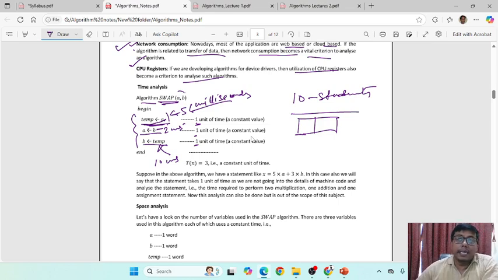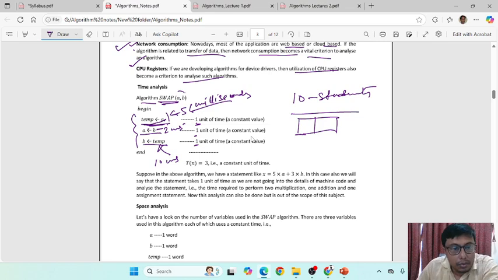That means it takes constant time as long as you keep the machine configuration fixed. So it is a constant value, a constant time. So we express this, since we are analyzing the time function of this particular algorithm.